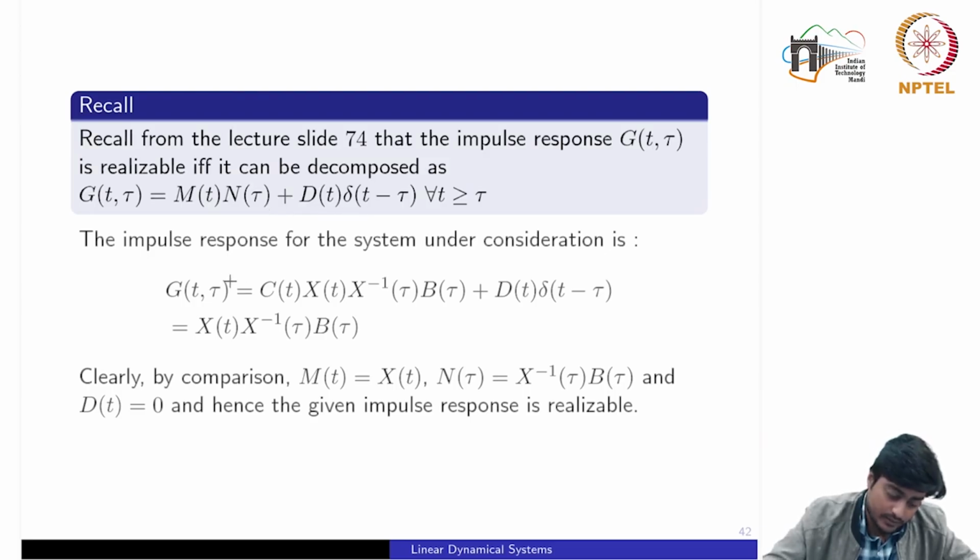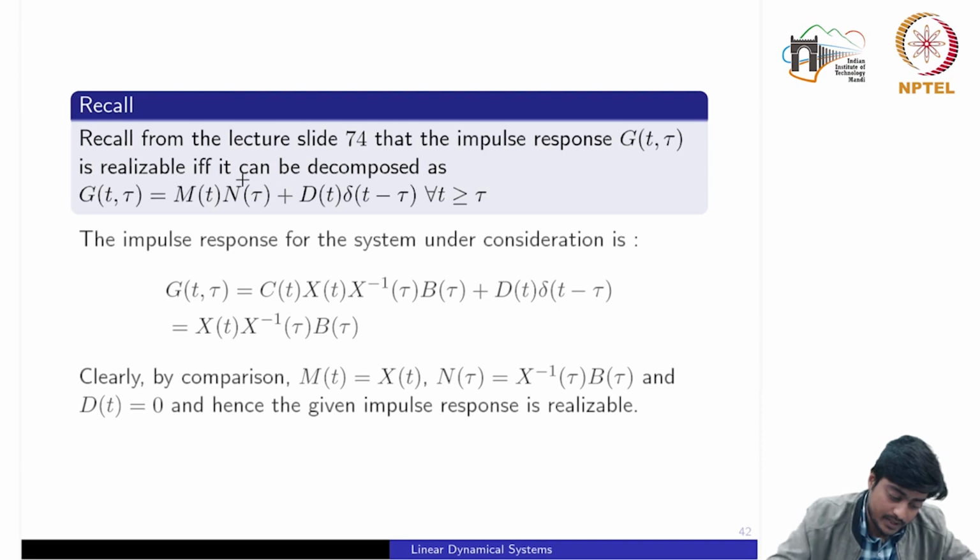So for this system, if I write the impulse response, I can write this one, where the C matrix you can assume as an identity matrix, and the D matrix can be assumed as the zero matrix. So the rest of the part remains the same.